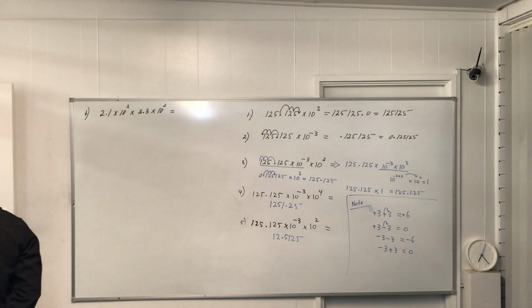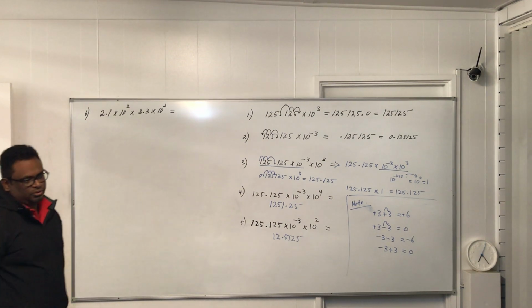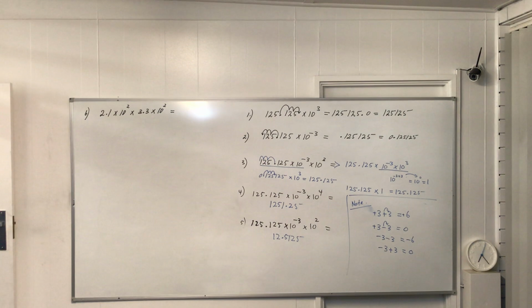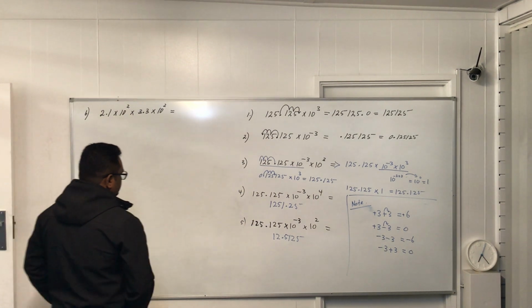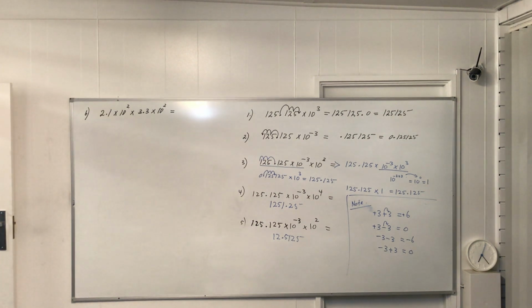Sixth question. Go slowly. Think. When you are thinking, use what you know. Good handwriting. Think.